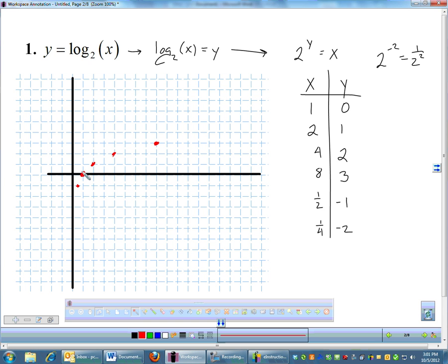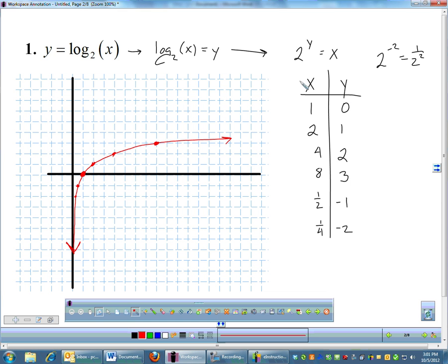When x was 1/4, my y-coordinate was negative 2. And what ends up happening is, as I go to the right, it's going to kind of level off and do something like this. As I move to the left, it drops down, and we have a vertical asymptote on the y-axis. So this is what the graph of a log function looks like.